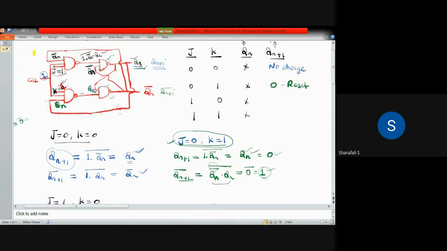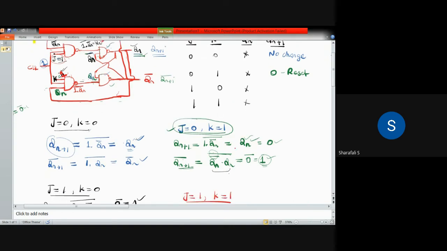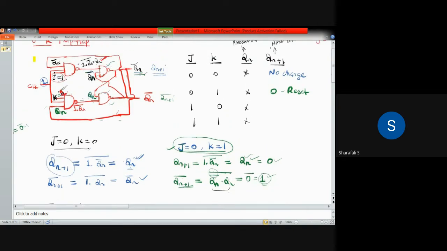In this case the output will be, K equal to 1 here, K also 1. So this will be 1 dot Qn whole bar. Here we have the same output as in the previous case, because we already did it for J equal to 1.